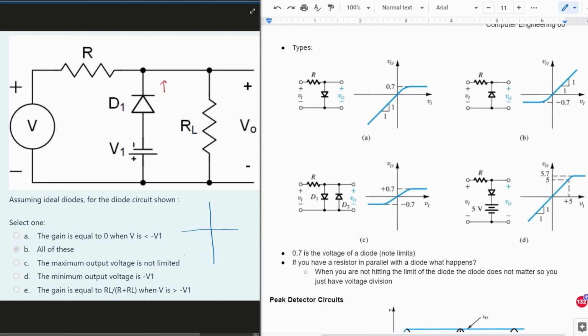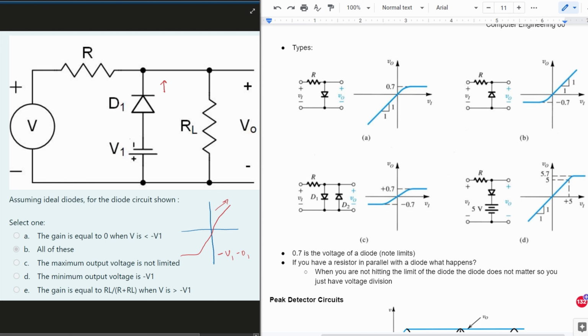So this right here is going to look like this, and then it's going to go up through the midpoint and like this. And this point right here is going to be a negative V1, and then minus our D1 as well, right? That's like 5.7 here when we had 5 volts and our diode is 0.7. So you have minus V1 minus D1. And this is just going to keep going on for infinity. Well, not for infinity, but relatively.